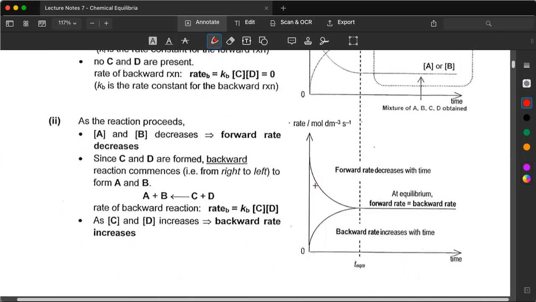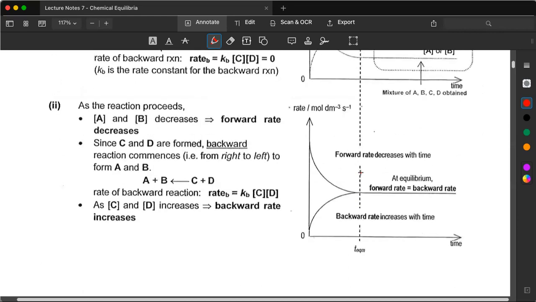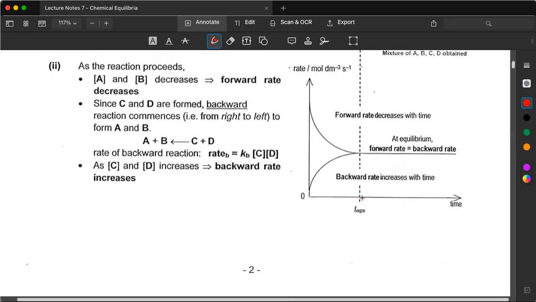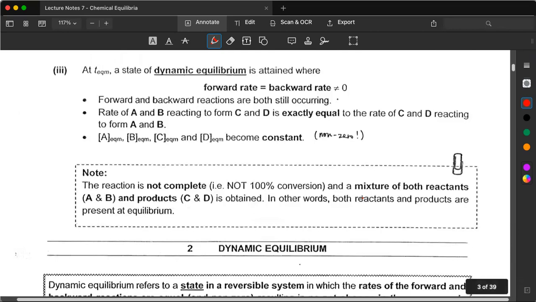So the second graph shows the relationship between rate and time. As the rate of forward and backward reaction progresses, it will reach a point where their rate will be equivalent, and this point is the equilibrium. So time at equilibrium refers to the time where the rate of the forward reaction equals the backward reaction.